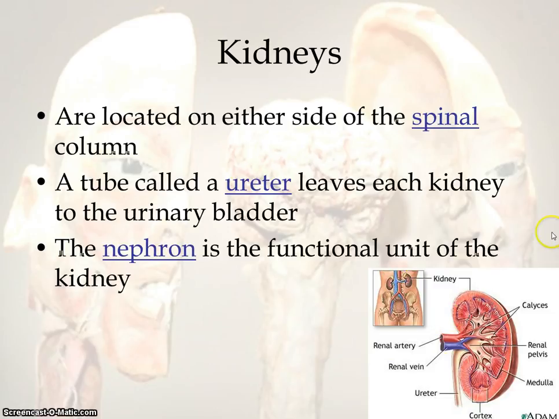So the blood's going to carry the waste into the kidney. Through the nephrons, it's going to get filtered, and then it's going to leave the kidney as filtered blood, with the waste filtered out. So you can call it clean blood, or blood that's no longer carrying waste. And then that blood will continue on its pathway to wherever it's going.